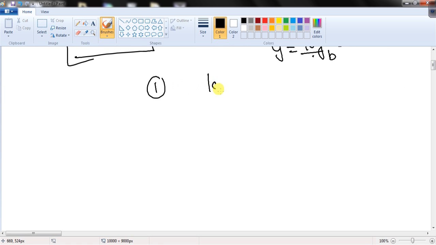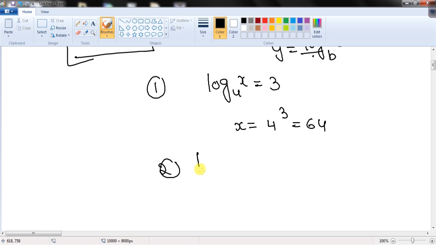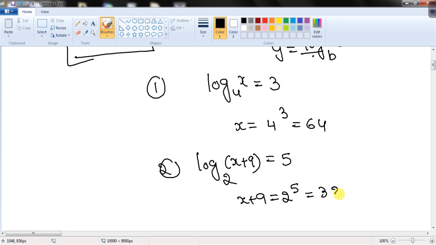So for example, if I say log x base 4 is equal to 3, what is the value of x? From the property I explained just now, it should be 4 cube, which is 64. The second question: log of x plus 2 base 9 is equal to 5, then the value of x is, so x plus 2 is 2 power 5, 2 power 5 is 32, so x is 32 minus 9, which is 23.